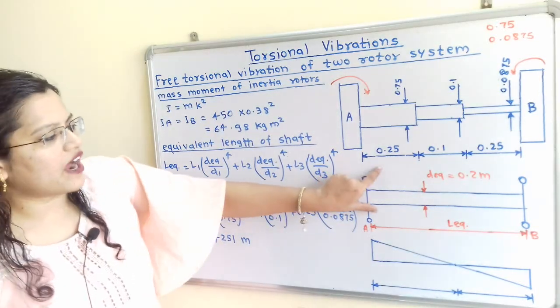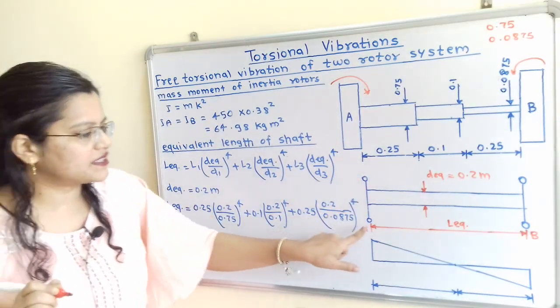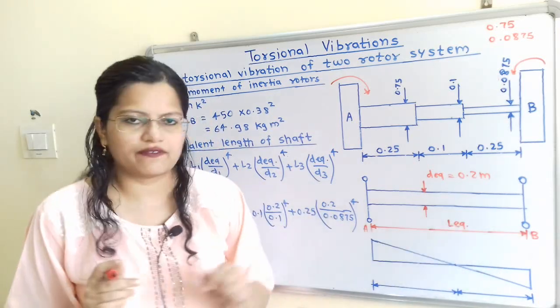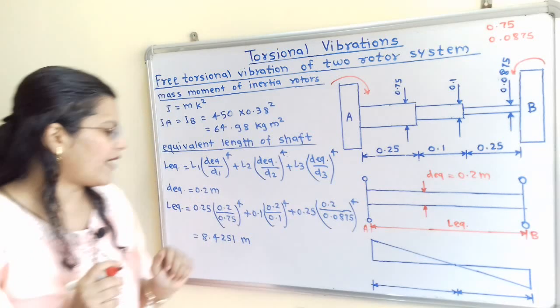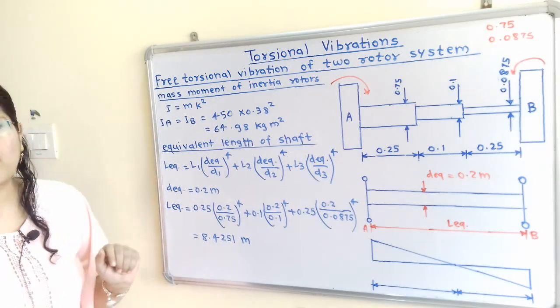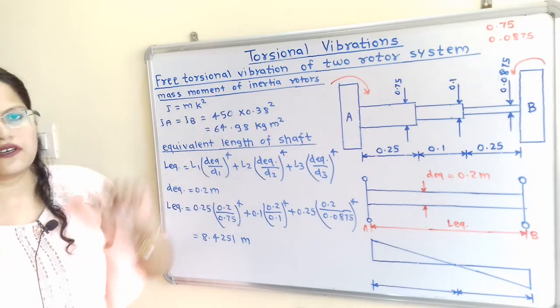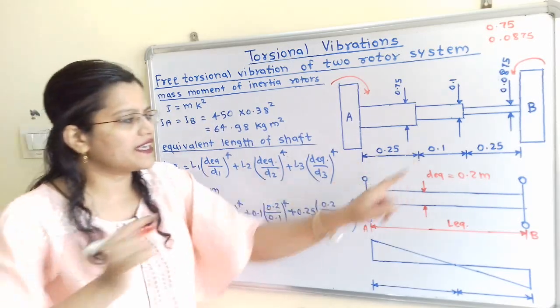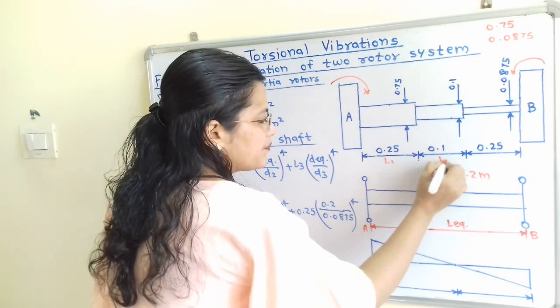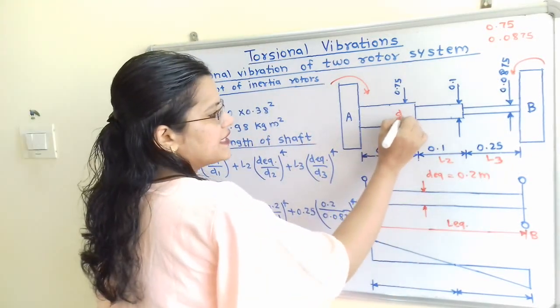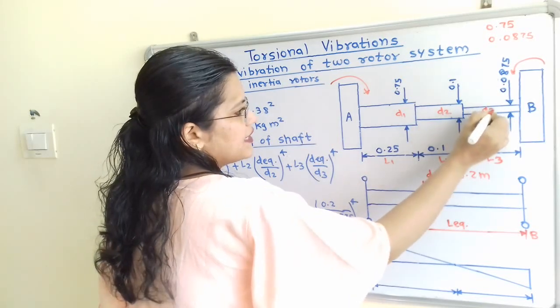Now for this shaft, that is for the equivalent system, we have to find out the equivalent length, that is L equivalent. So how to find out this? So we have formula, L equivalent is equal to. Now if we observe the actual system, there are three lengths, that is L1, L2, L3, and there are three diameters, D1, D2, D3.